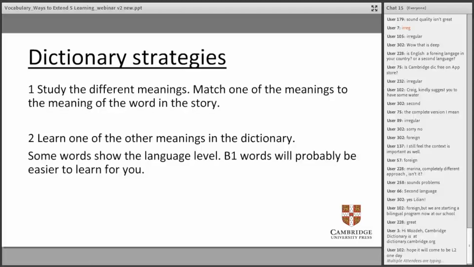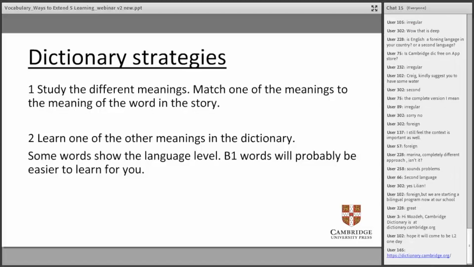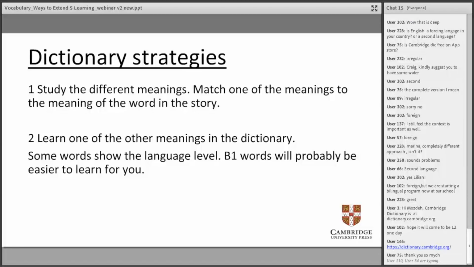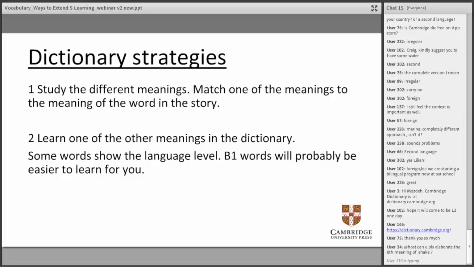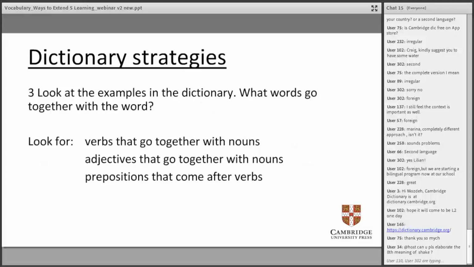Which one should I learn? This is where the Cambridge Dictionary Online is very helpful, because it tags the words according to the CEFR level. So I said, if you're not sure which meaning to learn, look for the B1 level meanings, because that probably is going to be the most useful and helpful for you at this stage in your language development.